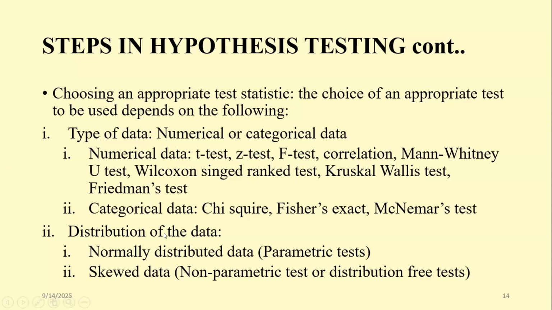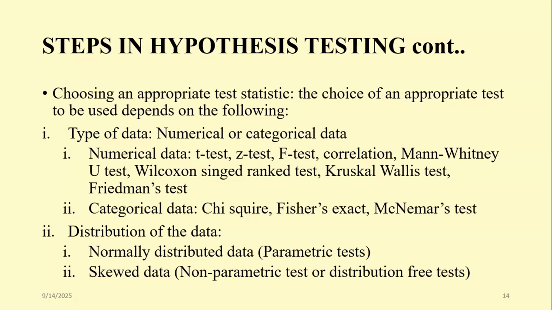In choosing the right test statistic, after looking at the type of the data, you can also look at the distribution of your data. Is your data normally distributed or not normally distributed?